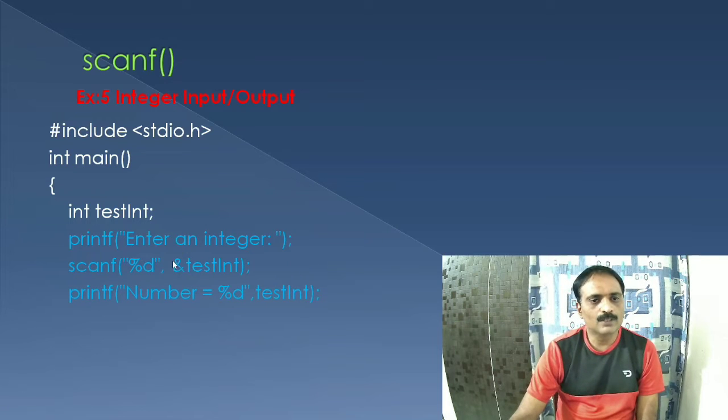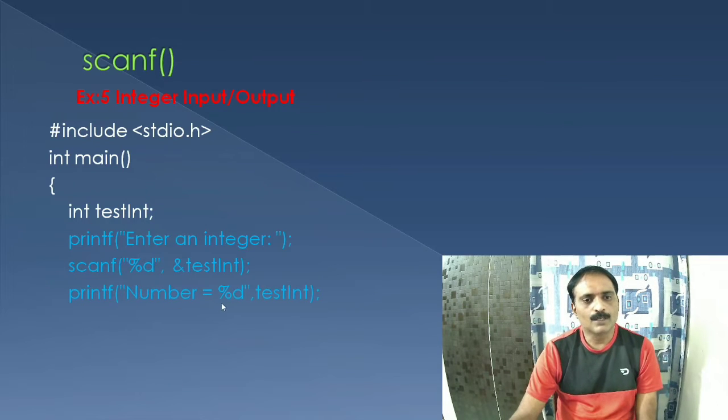So once we have given the input, the next thing we are asking the compiler to do is printf number is equal to %d. So next it will display the number as equal to %d. %d means the integer value. Whatever value is assigned to this testInt will be displayed here.